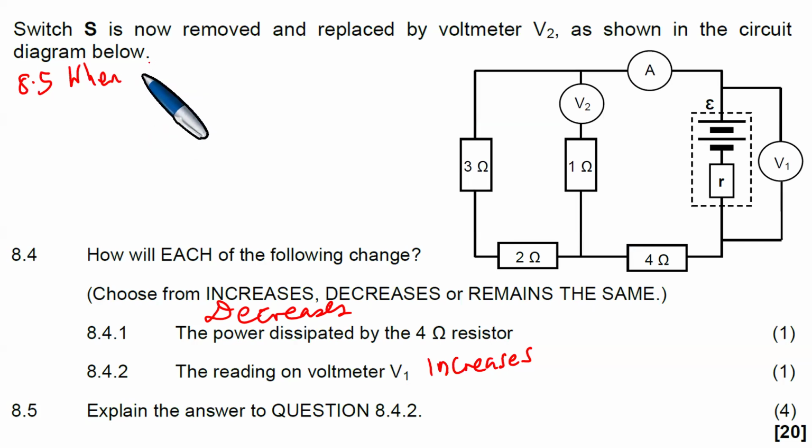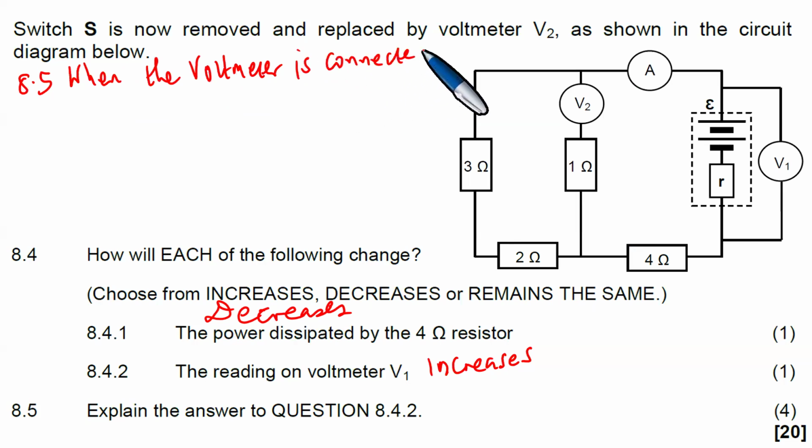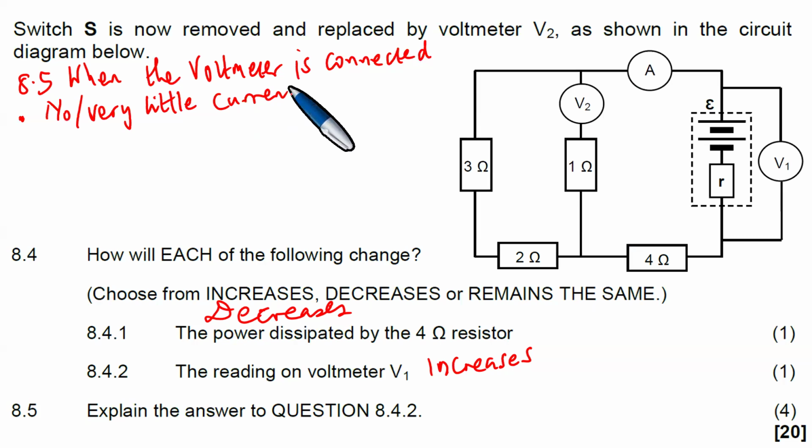When the voltmeter is connected, we say no, or at least very little current, through the 1 ohm branch.